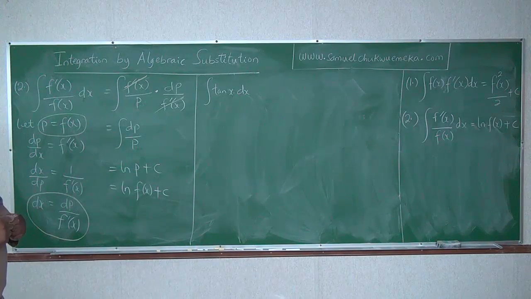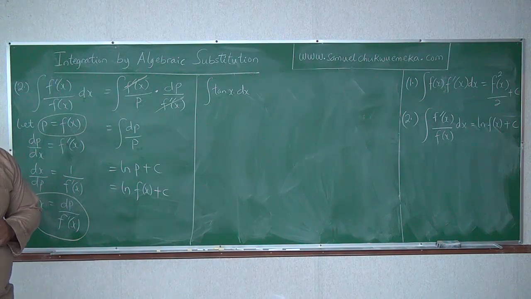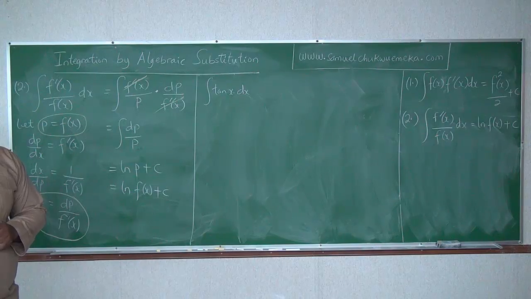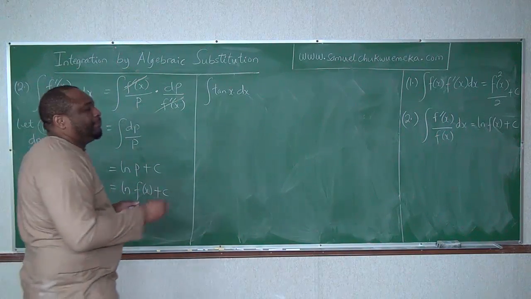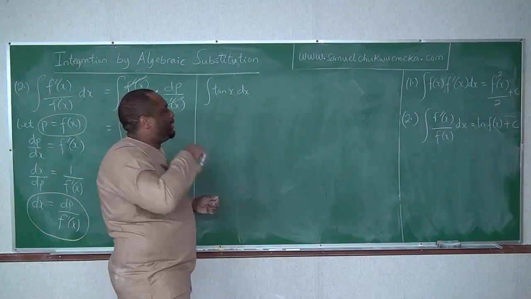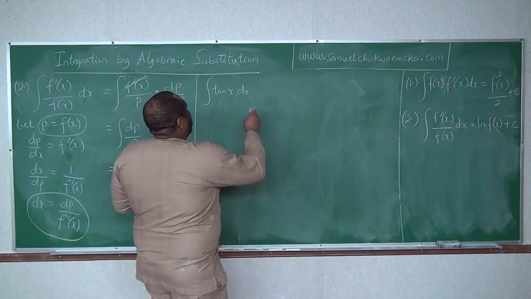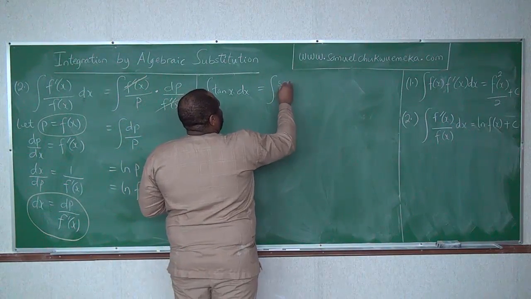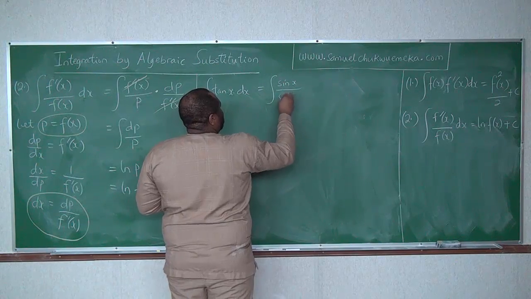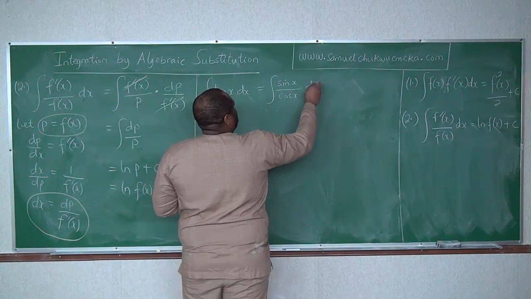Of course, tan x with the quotient identity of trigonometry is sine x over cos x dx.